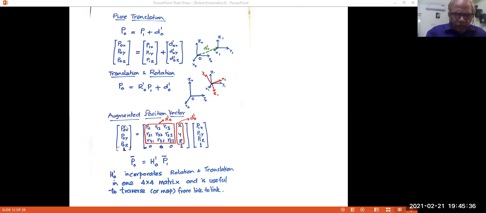We augment them as 4 by 1 vectors, so that you have here a 4 by 4 matrix, which we call homogeneous transformation matrix. And we represent now P0 is equal to H10 into P1. Now H10 is a 4 by 4 matrix. That's unlike the previous one. It incorporates rotation as well as position displacement.